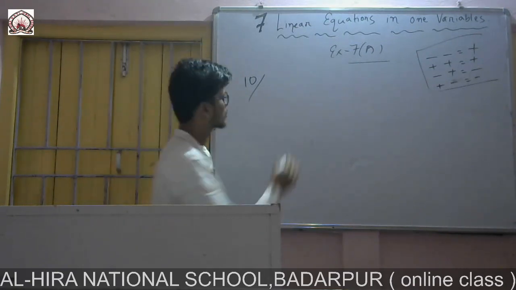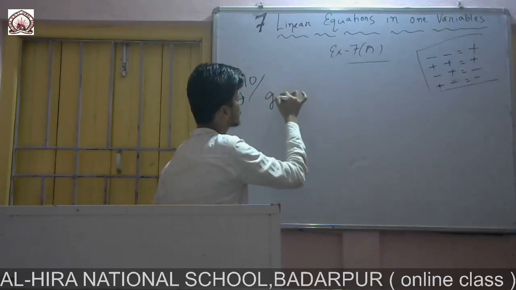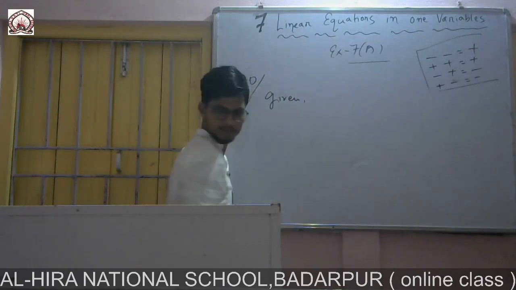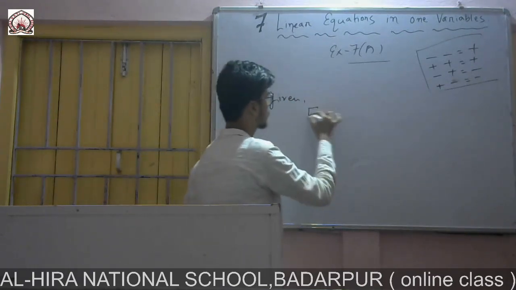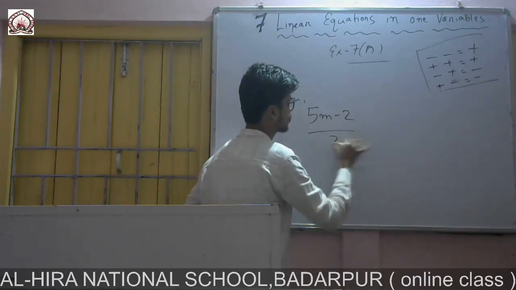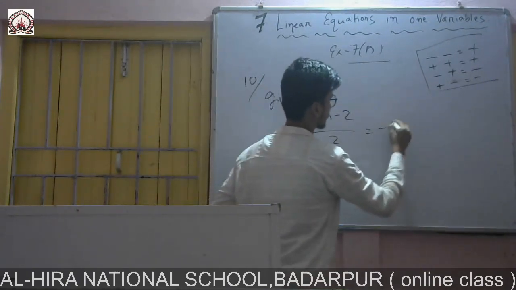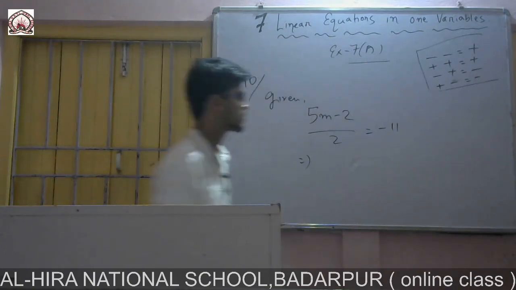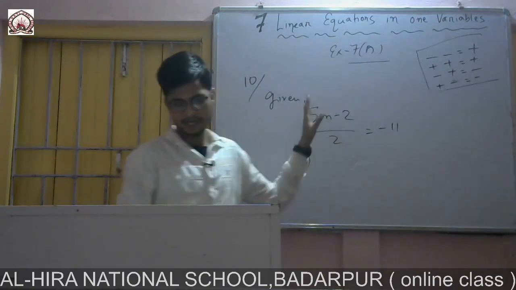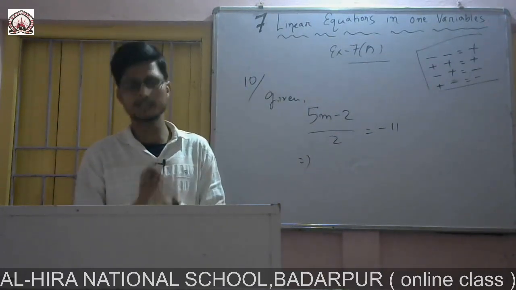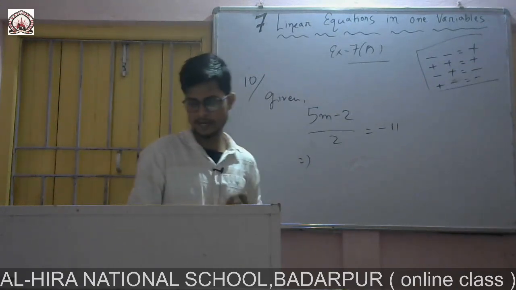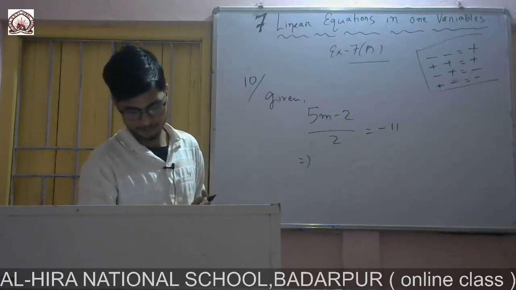So from this equation given, you write given 5m minus 2 by 2 equals to minus 11. So first of all I will solve this one so that I can find the value of m. And if I get the value of m, then I can put it in twice m plus 3, and then I will get the value of that expression.